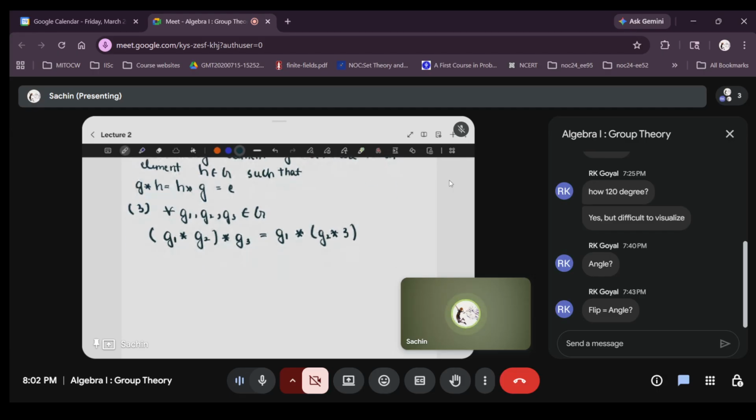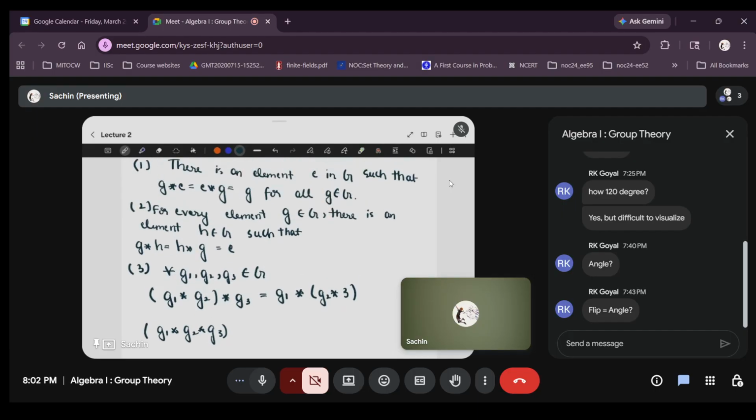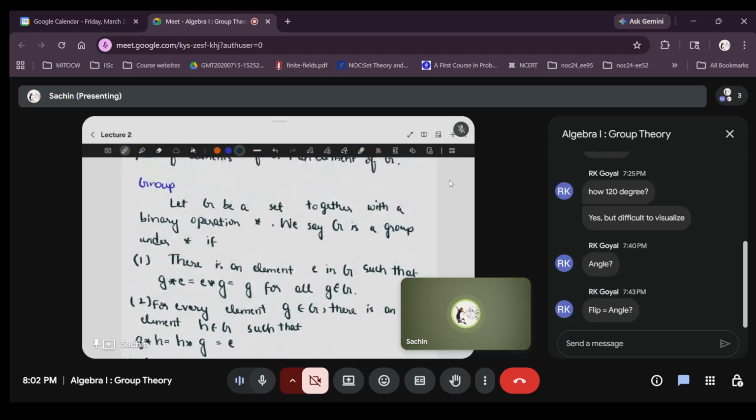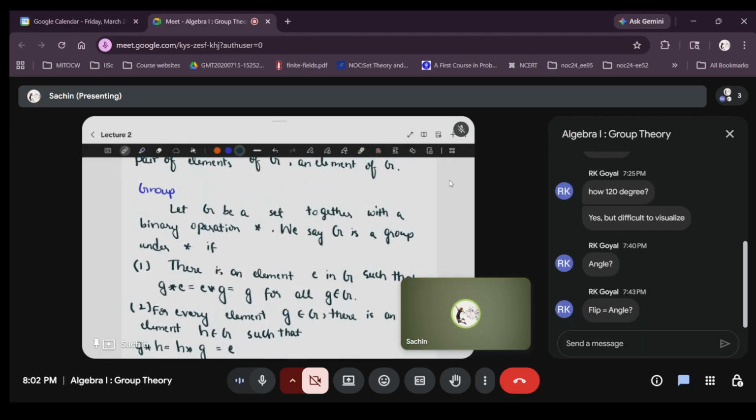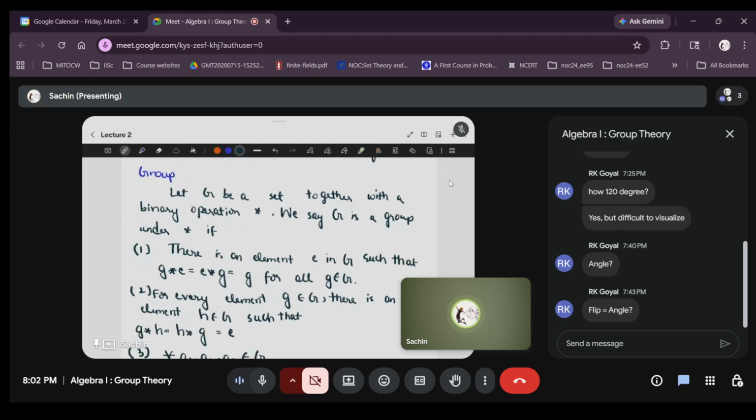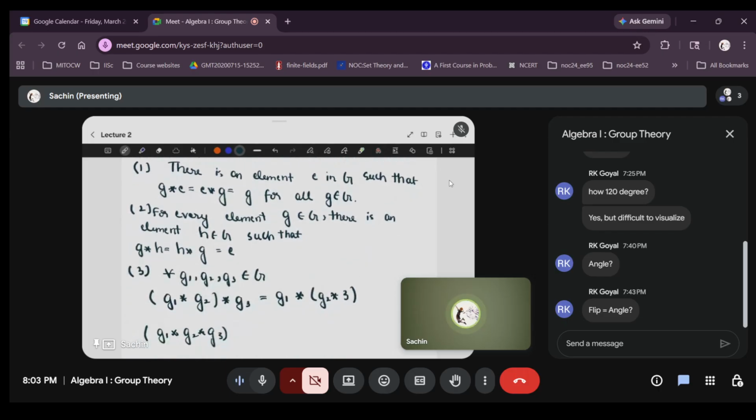So you can unambiguously write this as g1 star g2 star g3. So a group is simply a set with a closed binary operation that has these three properties.